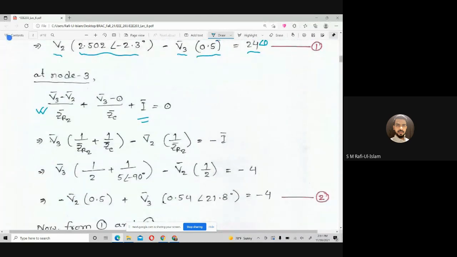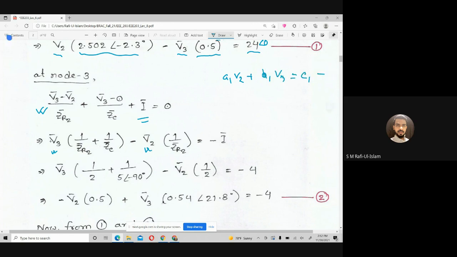So if I rearrange the equation, we'll take out all the coefficients of v3 and v2, and whatever the rest of the values are, we'll take them to the other side, because we want to write an equation consisting of v2, let's say a1 v2 plus b1 v3 equal to c1.